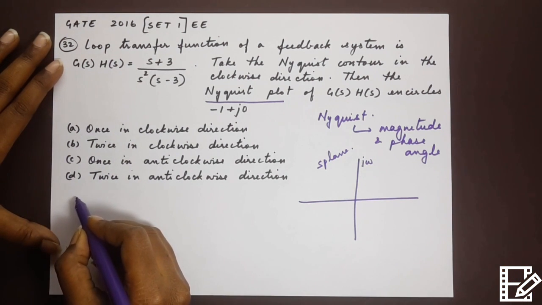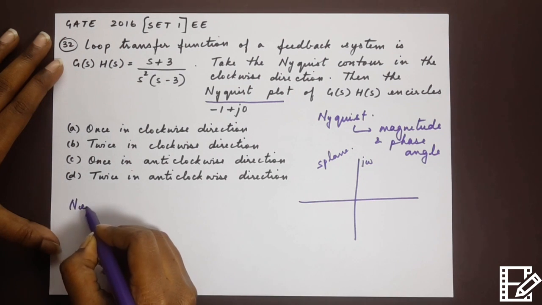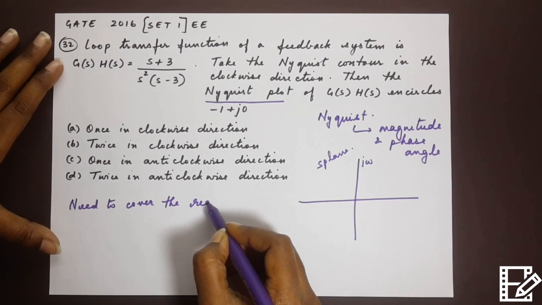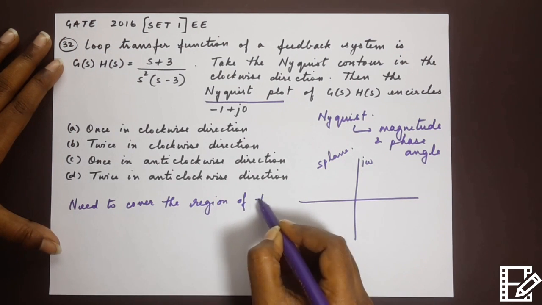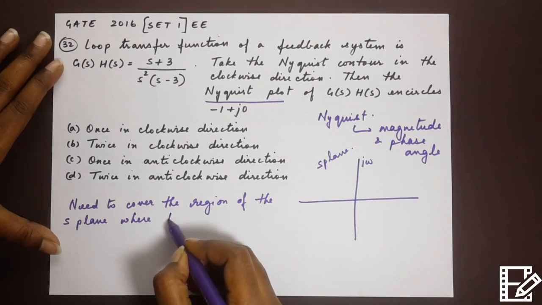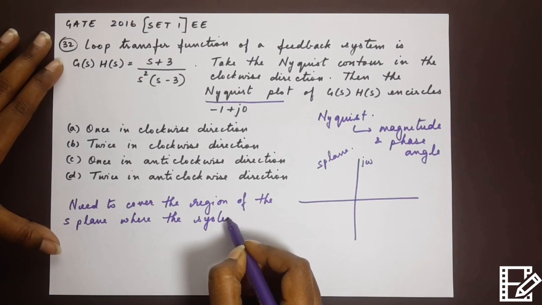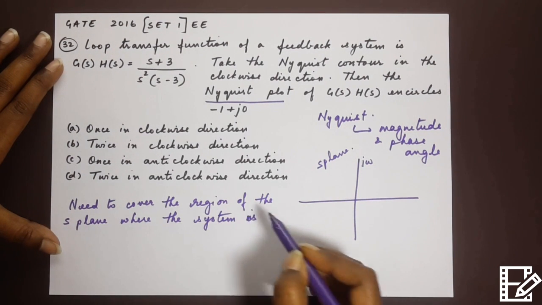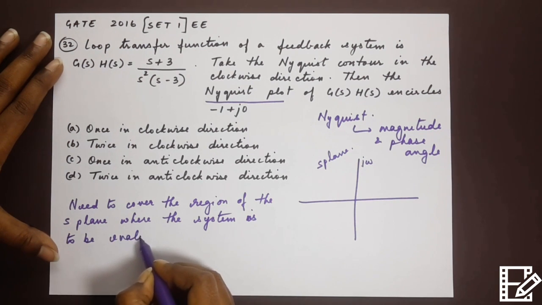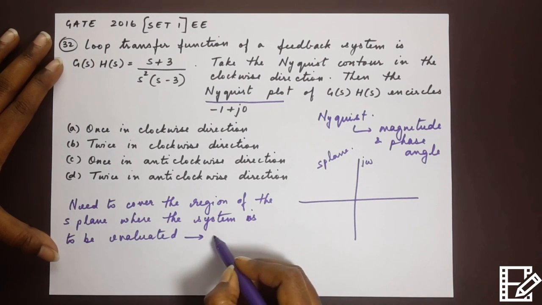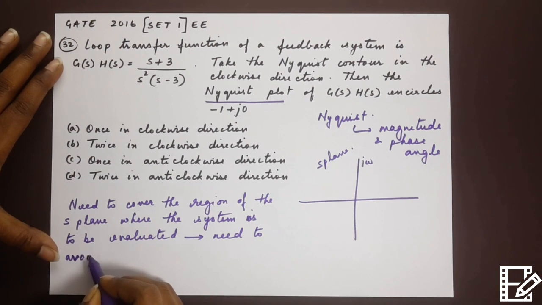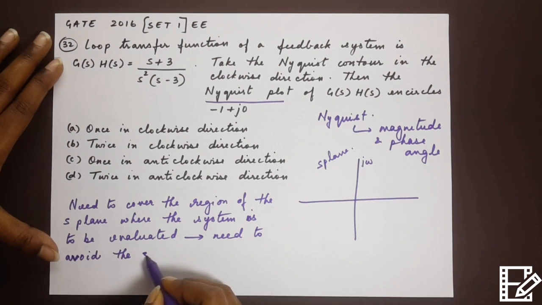So I'll write that down over here. Need to cover the region of the S plane where the system is to be evaluated, and we need to avoid the zeros and poles.